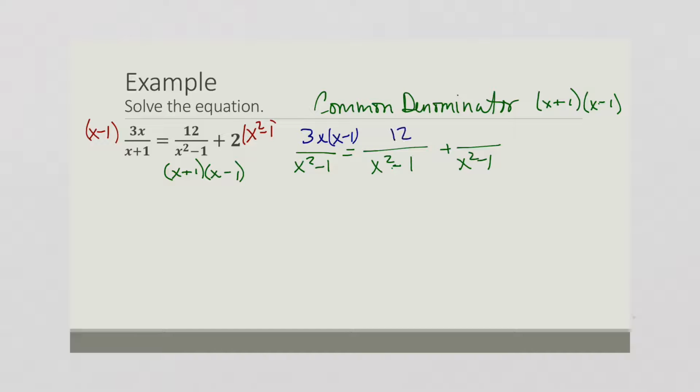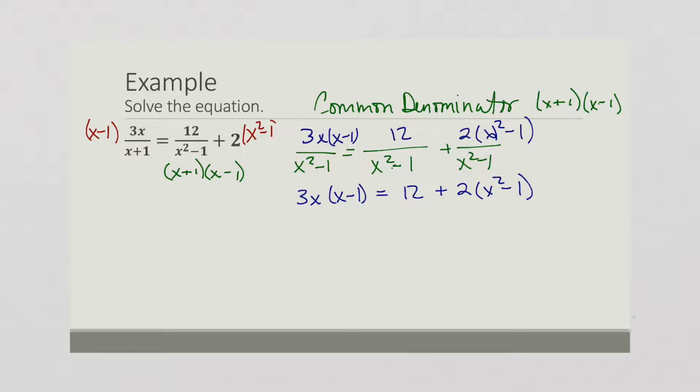Second term stays at 12 because it already has both of my factors. And the last 2 needs to get multiplied by the entire thing. Now I can drop my denominators and back to an algebra problem. 3x times x minus 1 equals 12 plus 2 times x squared minus 1.